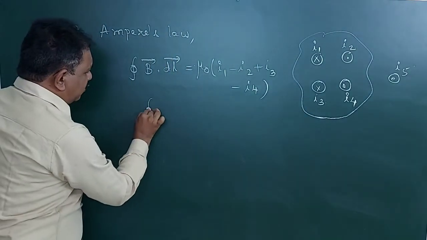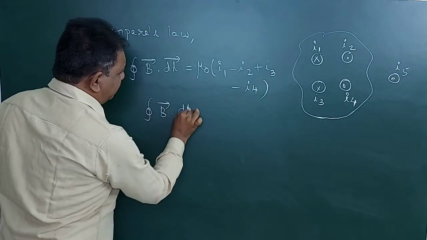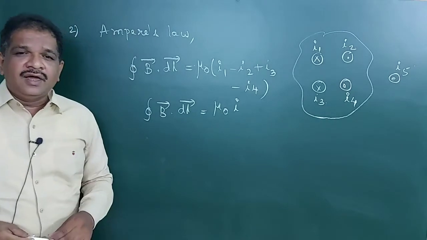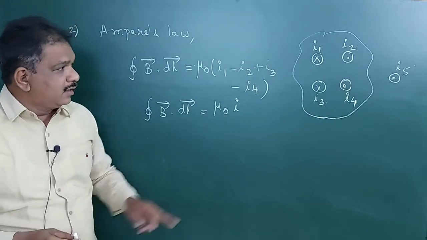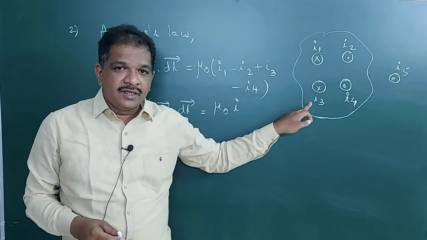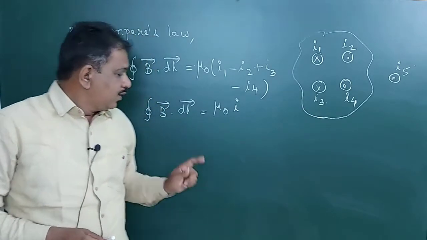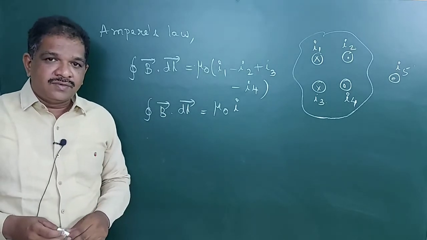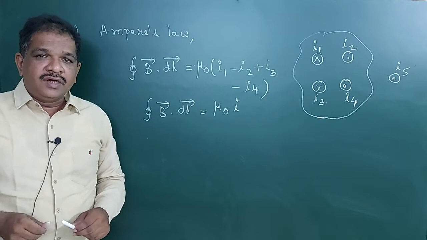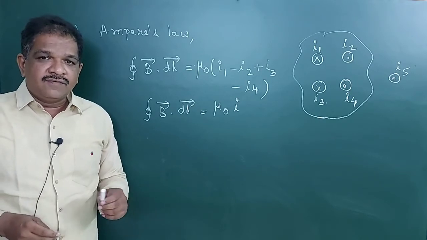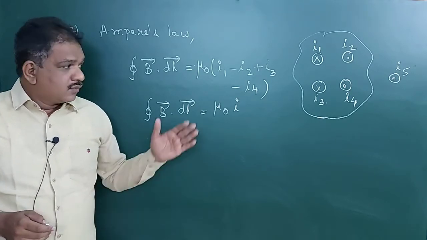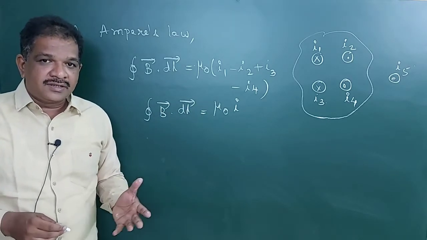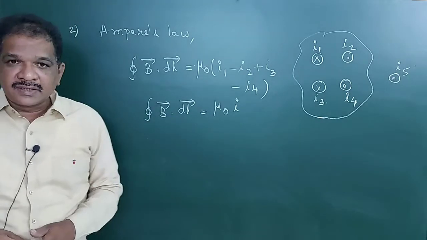This is nothing but closed integral B bar dot dl bar equals mu naught into I, where I is the total current in this loop. That is Ampere's law. Whether using this formula or Biot-Savart's law, we can calculate the magnetic inductions in different cases. What are the applications of Ampere's law? We will discuss.